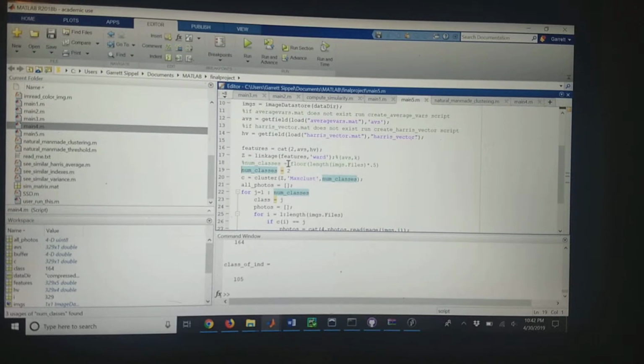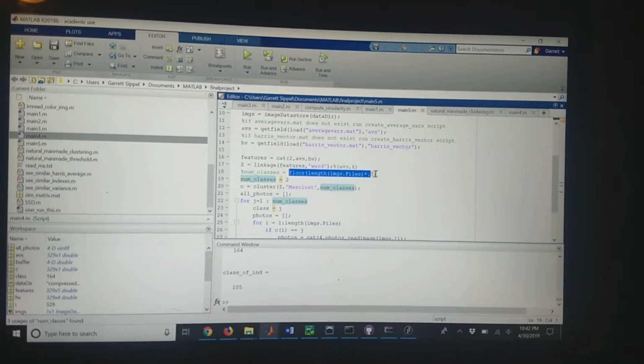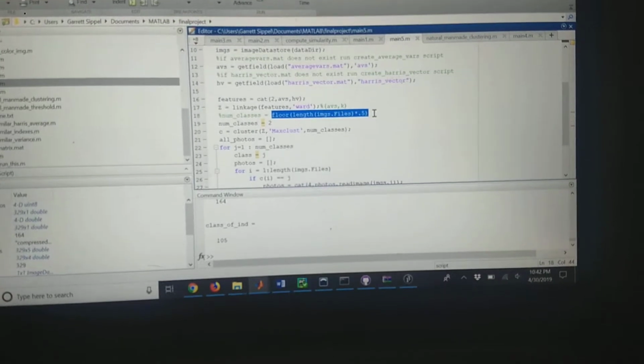It's using this in the script that I just showed. But the problem is that it pretty much always wants to use all of the classes that it can. So even though I'm providing it a max number, it tends to just use all of the classes that I allow it to.